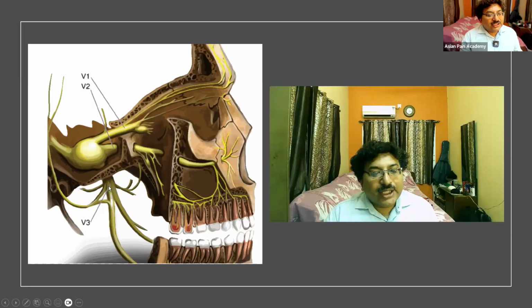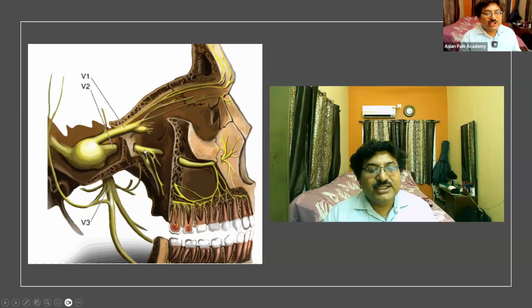So here there are two ways. If you are going only for the branch block, we are not intending to go inside the ganglion, whereas in a fluoroscopy guided procedure our main target is the ganglion, but in ultrasound we are mainly targeting the branches under ultrasound guidance.